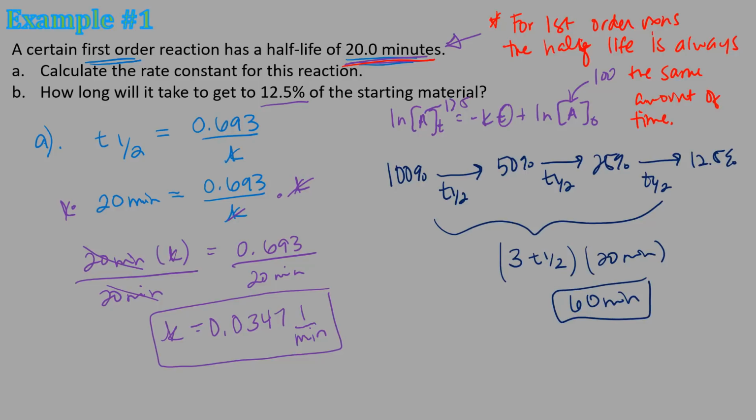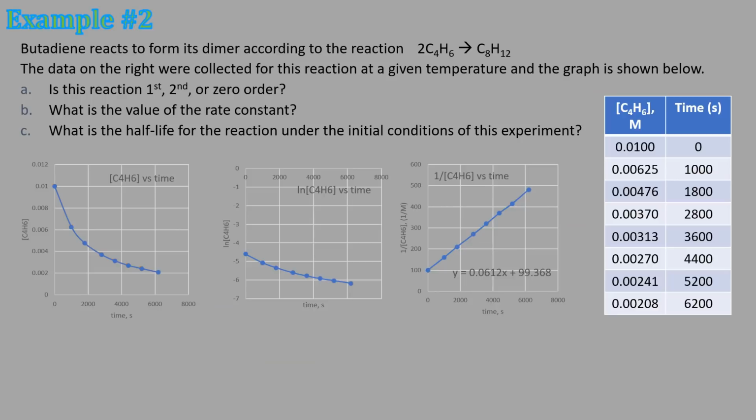All right, let's do another example. Butadiene reacts to form a dimer according to this reaction. The data on the right were collected for this reaction at a given temperature, and the graph is shown below. Is this first, second, or zero order? So we're going to look at the one that yields us a straight line.